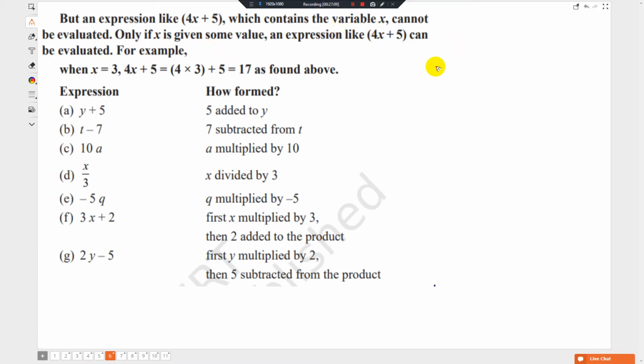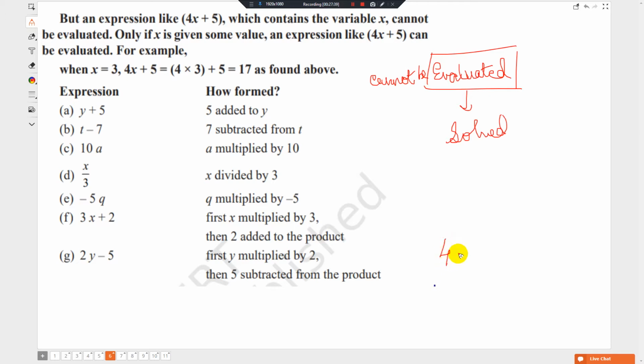Here the meaning of evaluated: when we have something that can't be solved, it can't be evaluated. It can be evaluated only if x is given some value.